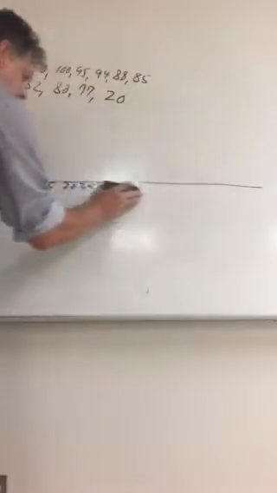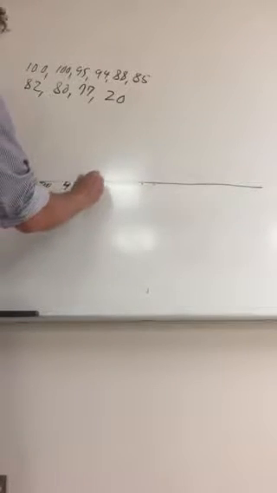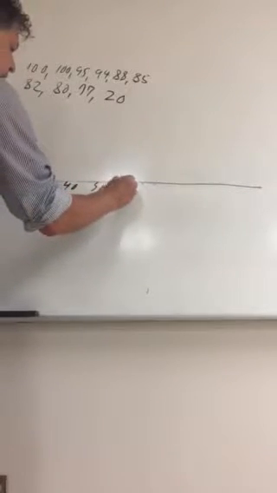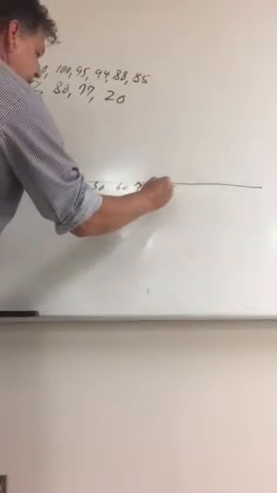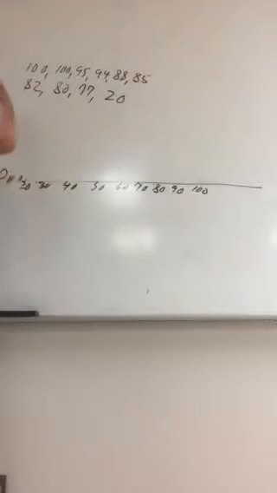Let me erase that so I get a better description. So I've got 0, and let's do increments of 10, probably a little easier: 20, 30, 40, 50, 60, 70, 80, 90, and 100. So that'll make it easier for us.